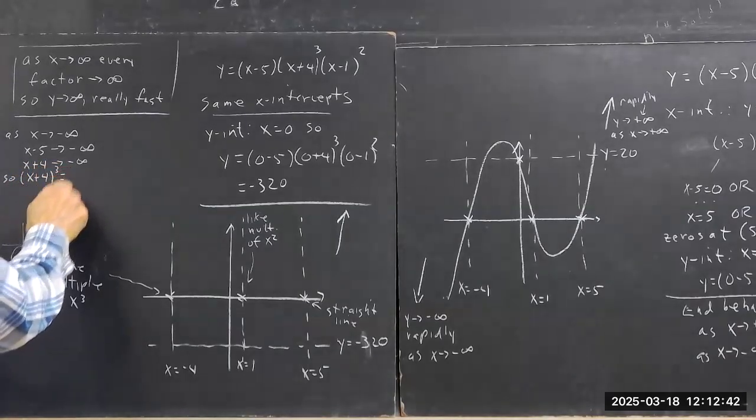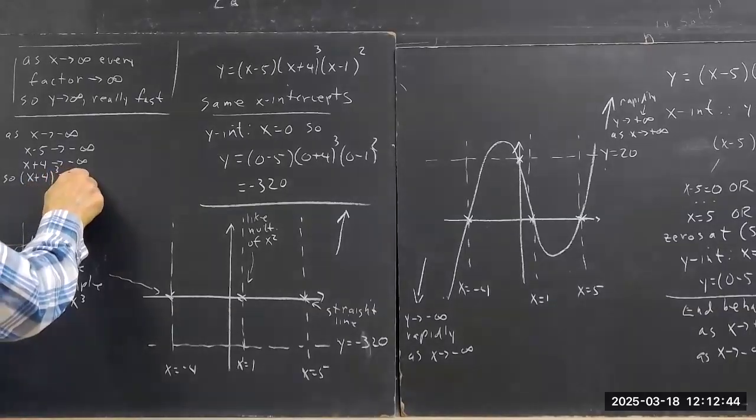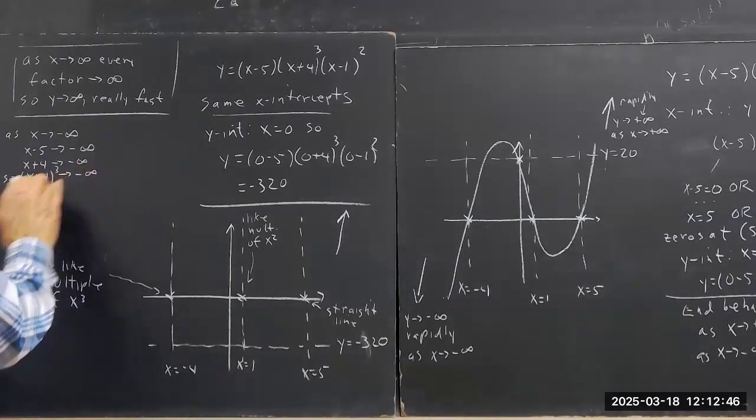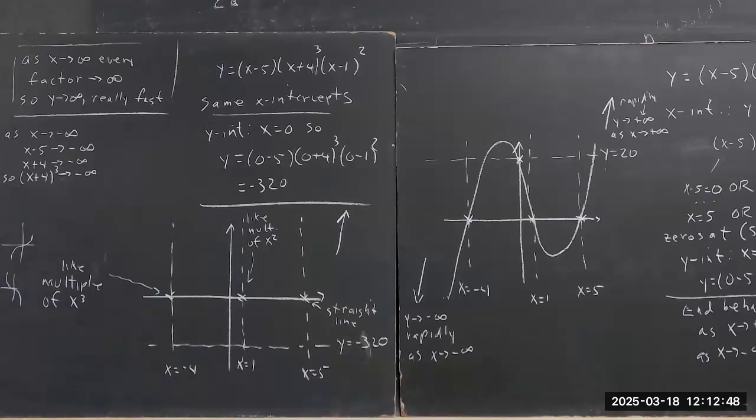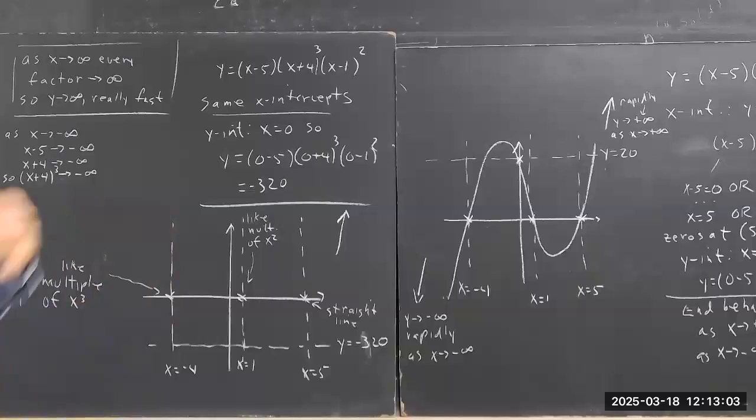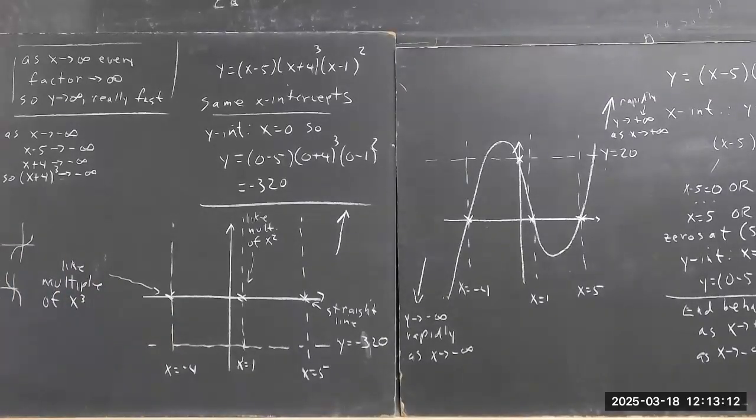So x plus 4 cubed goes to negative infinity. Why? Negative times a huge negative times a huge negative gives you a really huge negative number, right? It's the way signs work.